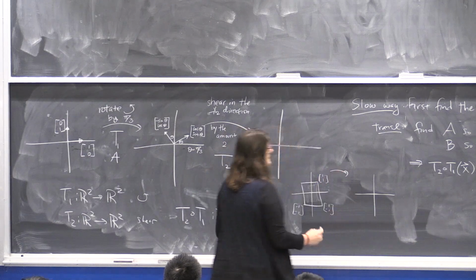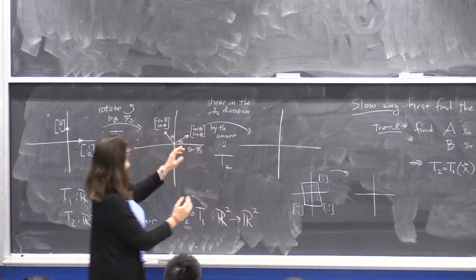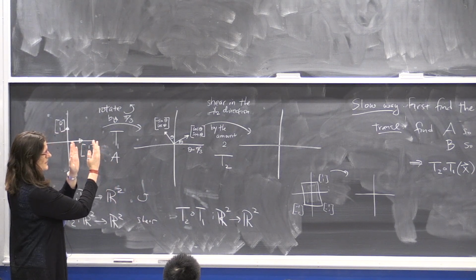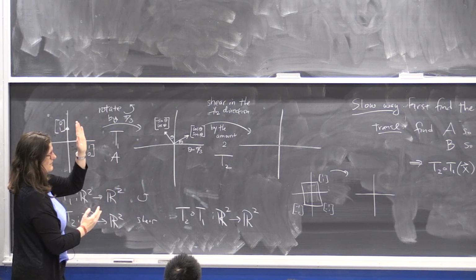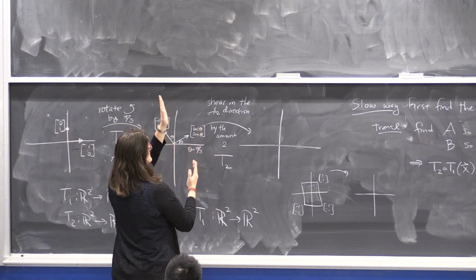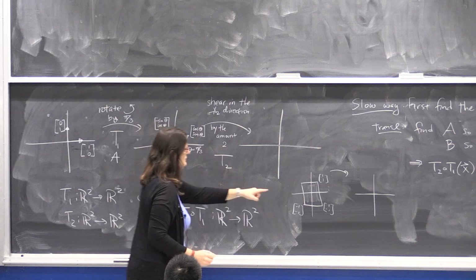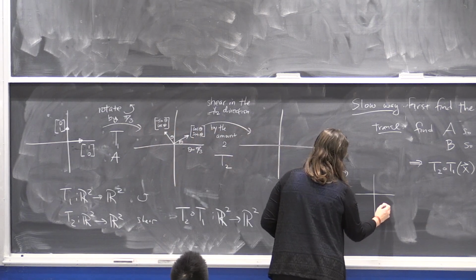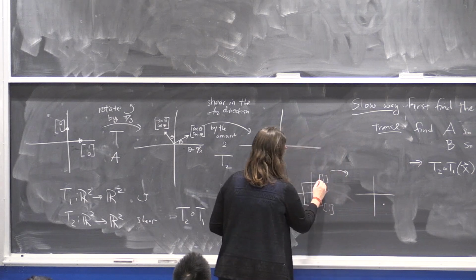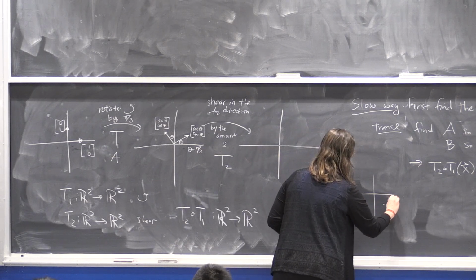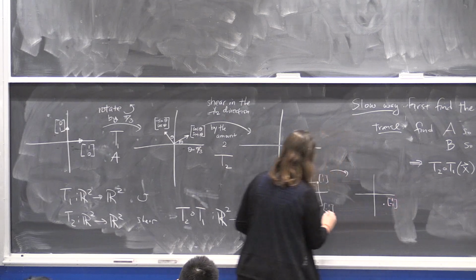That's going to be sheared in the negative x2 direction by the amount 2. So in the negative x2 direction means I'm going like this. And by the amount 2, it tells me that this is going to go down 2. So that goes to this right here, goes to 1, minus 1.